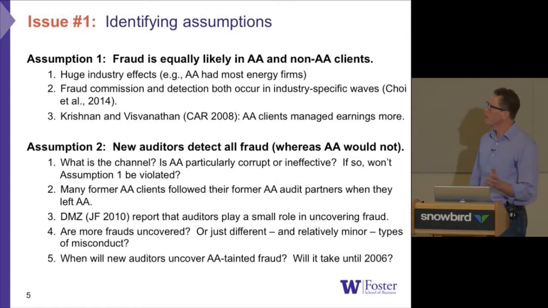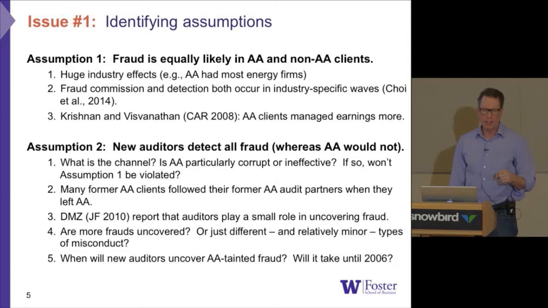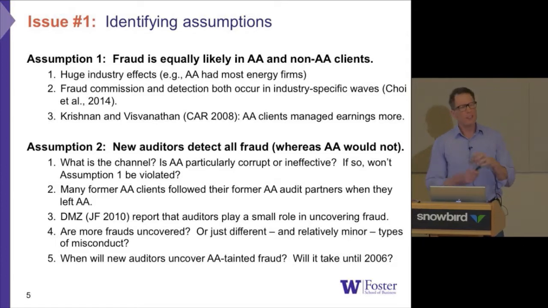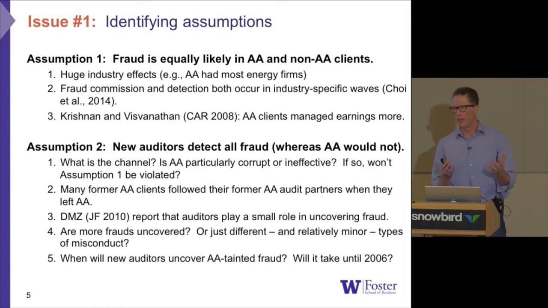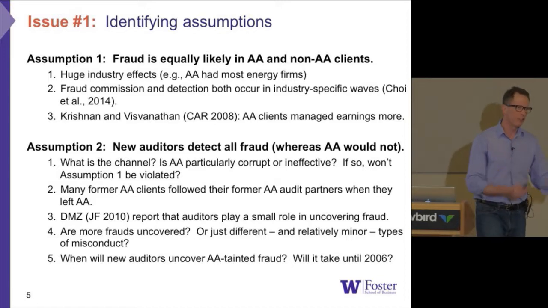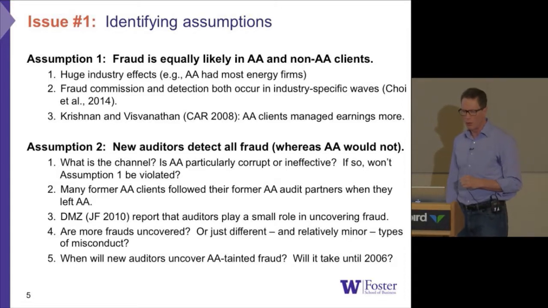There's some evidence, although Alexander cites other papers that counter number 3 up there, that Arthur Andersen clients manage earnings more. You can see that jointly what this suggests is maybe these two aren't directly comparable, that maybe what's going on is that Arthur Andersen firms actually did commit more fraud because of the nature of firms they were.